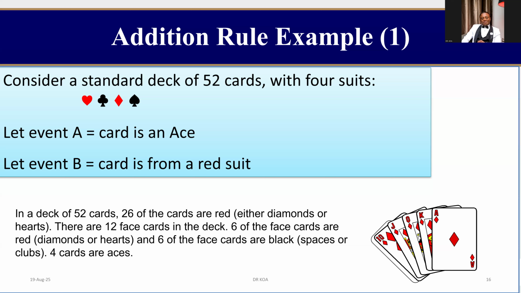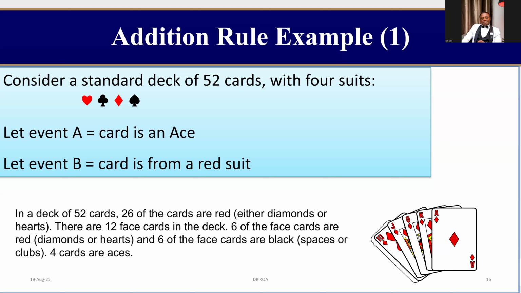Okay, so 26 of the cards are red, don't forget. And those are the diamonds and the hearts, as you can see on top. And 12 of the cards belong to any of these 4 suits. And then the other 4, making up the 13 for each one, are the aces.